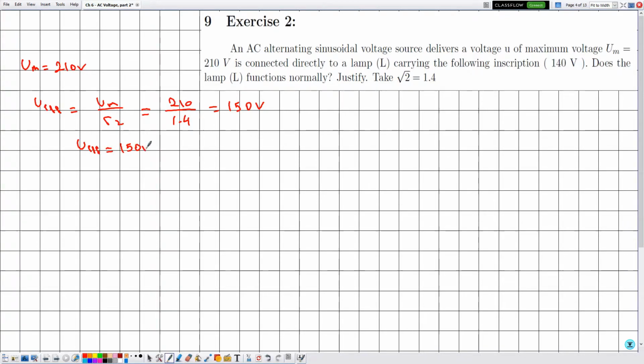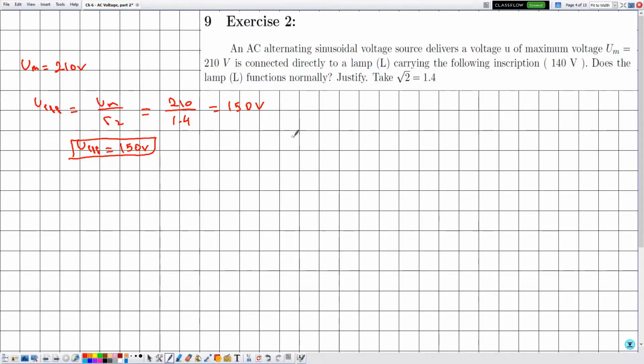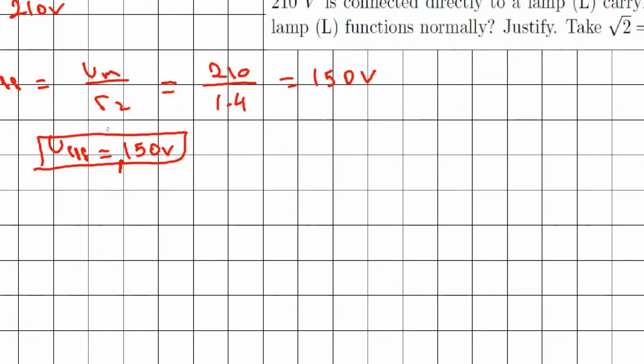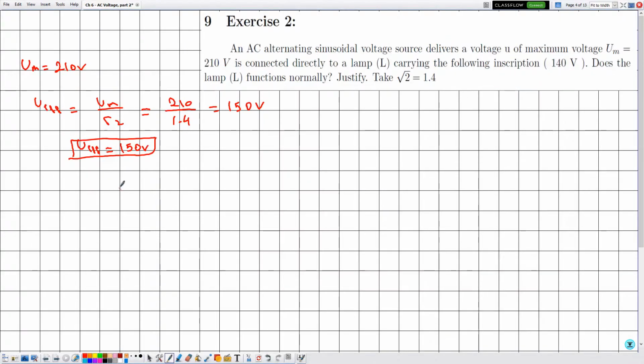So U effective is equal to 150 volts. Now after we have determined the value of U effective, which in this case represents the applied voltage, we are able to describe the functioning of the lamp. So notice that 150 volts is greater than the rated voltage of the lamp, which is 140, which means that the lamp may function strongly or burn out.